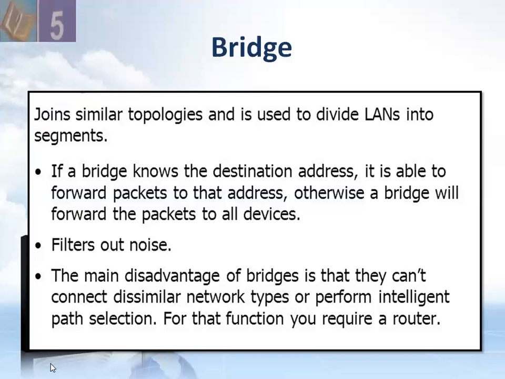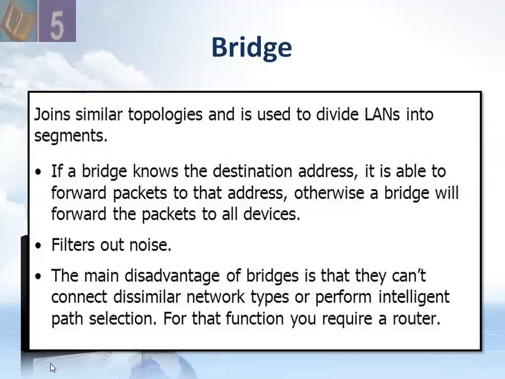So with a bridge, if you have a long network, you can divide your long LAN into small segments, small parts, with the help of a bridge. So remember, students, a bridge is not an intelligent device like a router. It can just forward the data over a network, just check the source and destination address, and if the address is on the same segment, then it will not pass it to the next network.